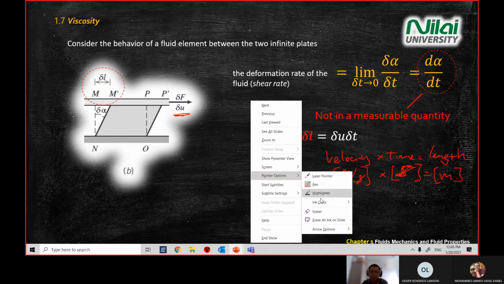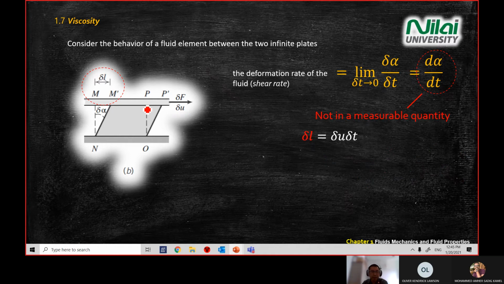So the first procedure to remove the alpha, you try to extract data from the diagram. You take velocity times time, you get the length.